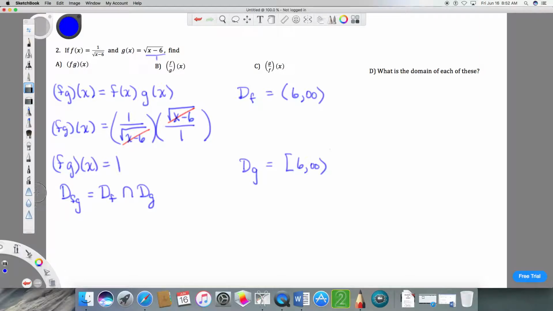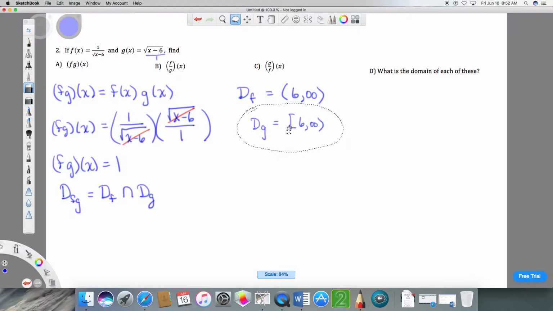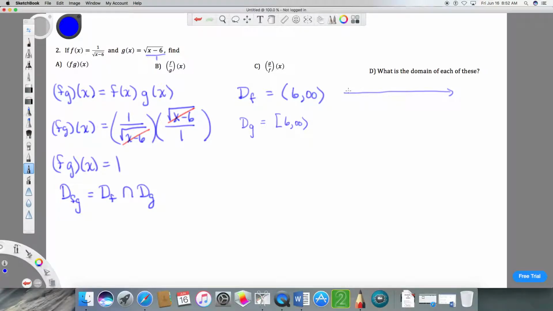When you have two or more sets that you're trying to intersect together, I suggest that you draw it on a real number line so that you can get a better visual as to what's going on. So let's come over here and draw a number line that represents the domain of f. A number line here represents the domain of g.